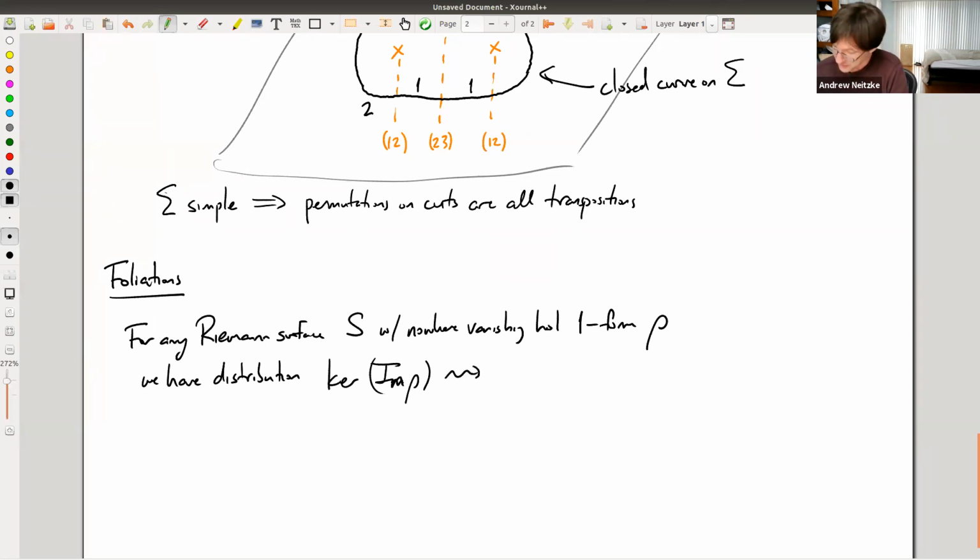And so that's a one-dimensional distribution. So it integrates to give a foliation F rho on S. And that foliation is oriented. Let's draw a picture.